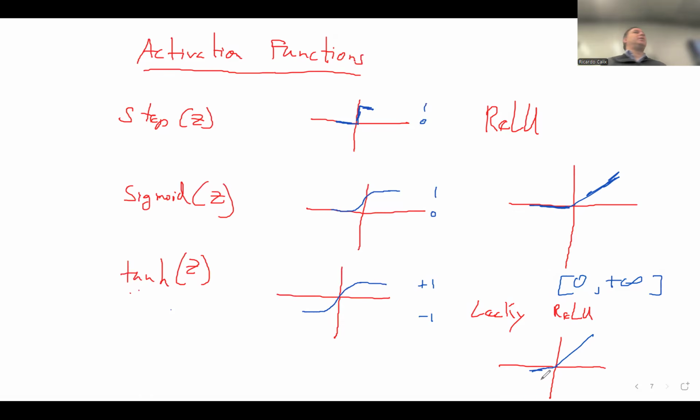So it's got a little bit of a negative component, but very small. Okay? Does that make sense, guys? And there's many others. There's GELU, which I will skip, and people are constantly inventing new ones. GELU stands for Gaussian error linear unit. So it's got a little bit of a Gaussian function in it.